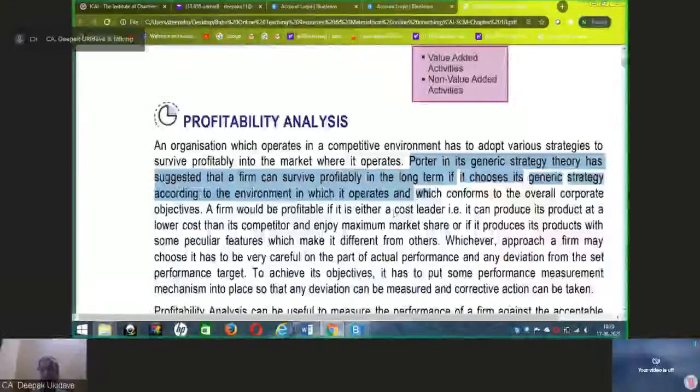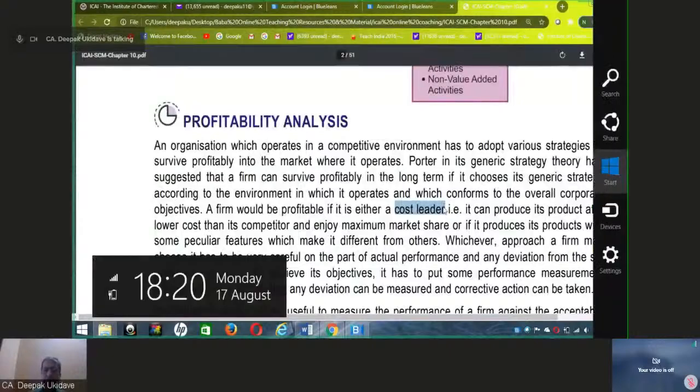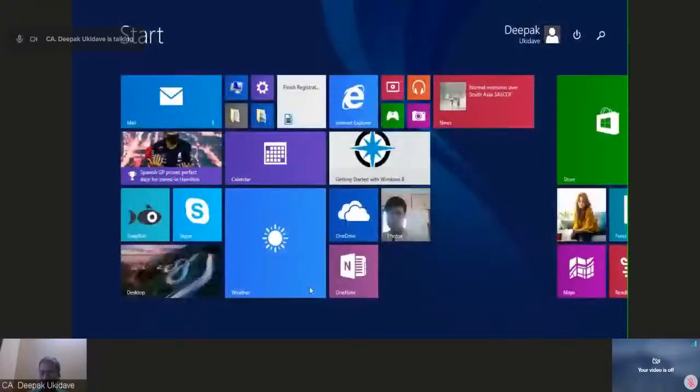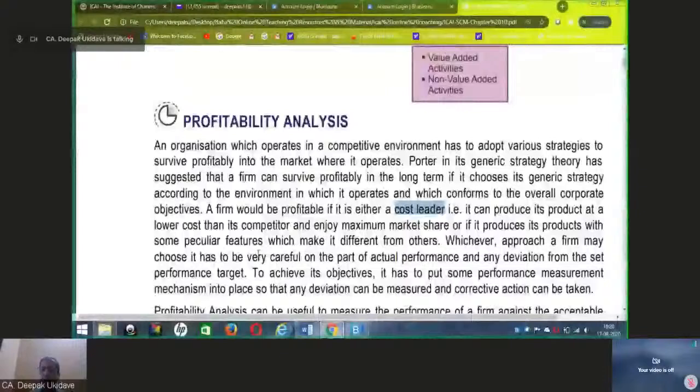And for that he suggested number 1, cost leadership, which we discussed about. That is, it produces its product at a lower cost than its competitor, and it enjoys maximum market share. Or if it produces the products with some peculiar features which make it different from others.